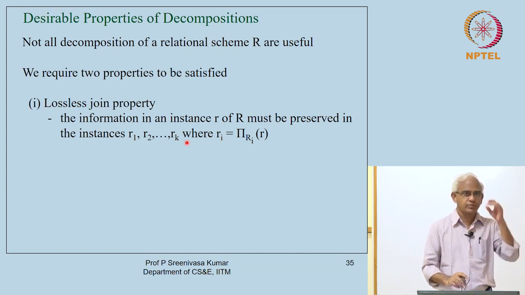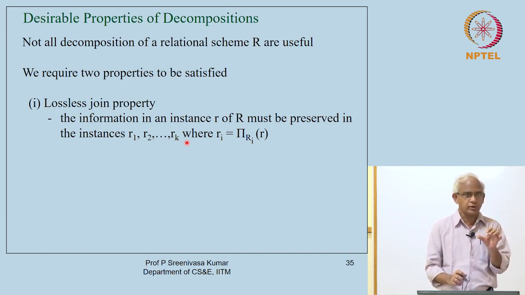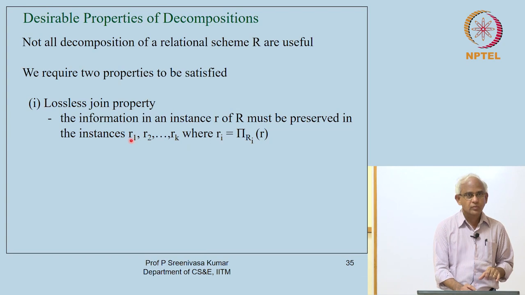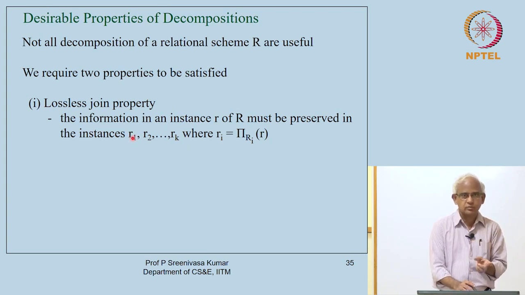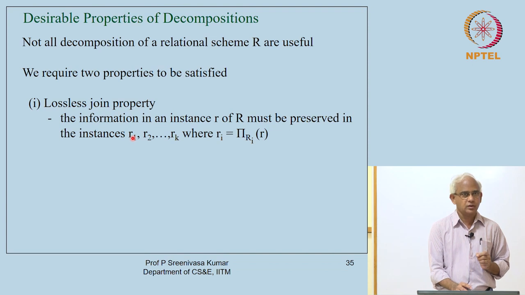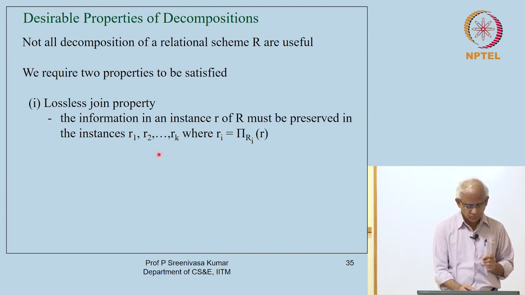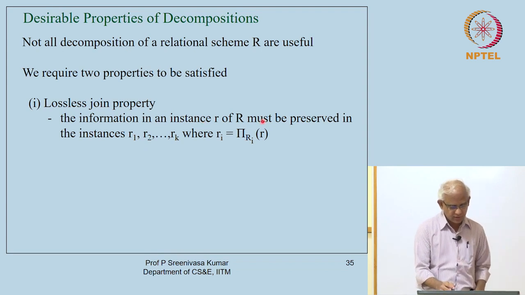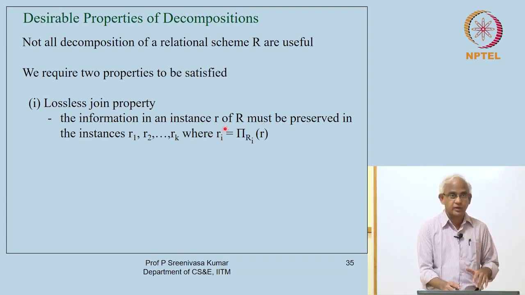A few values of them will go into R1, and then maybe some overlap and some other segment will go into R2. Like that the data will go into all these relations. We will see exactly in the next slide whether there can be some kind of a loss in this process.